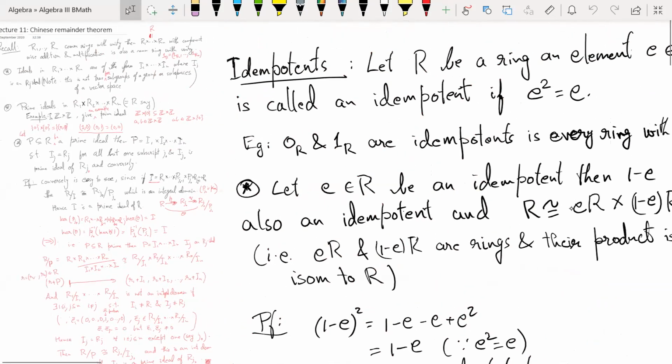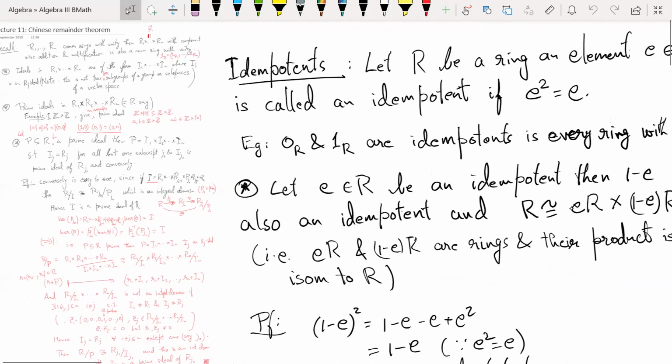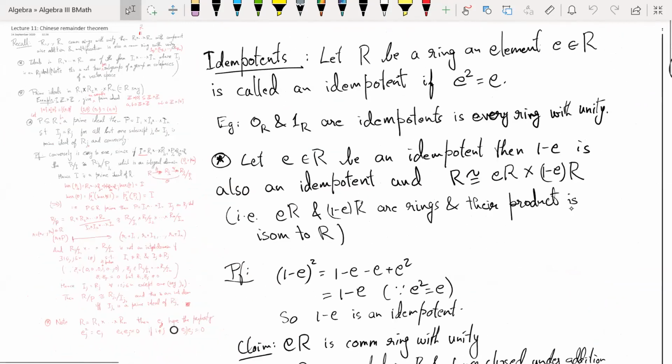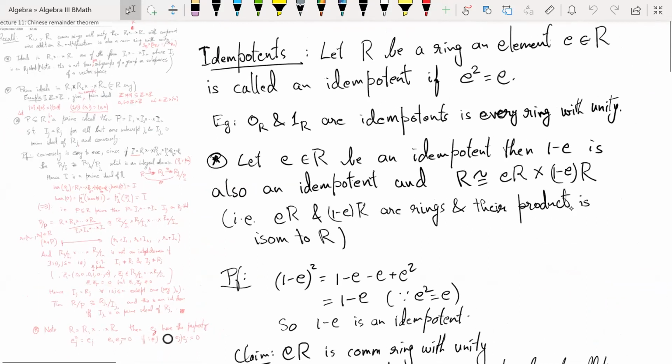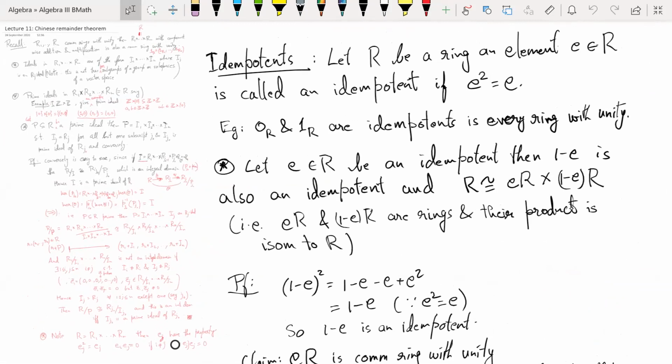So idempotents. Let R be a ring. An element E of R is called an idempotent if E square equals E. Yeah. So every commutative ring with unity has at least two idempotents.